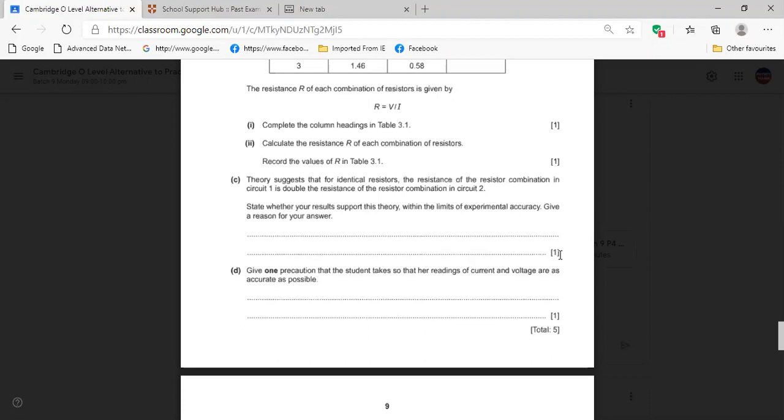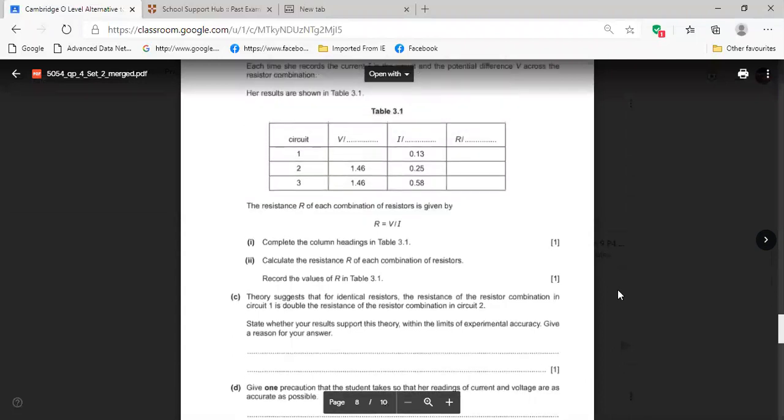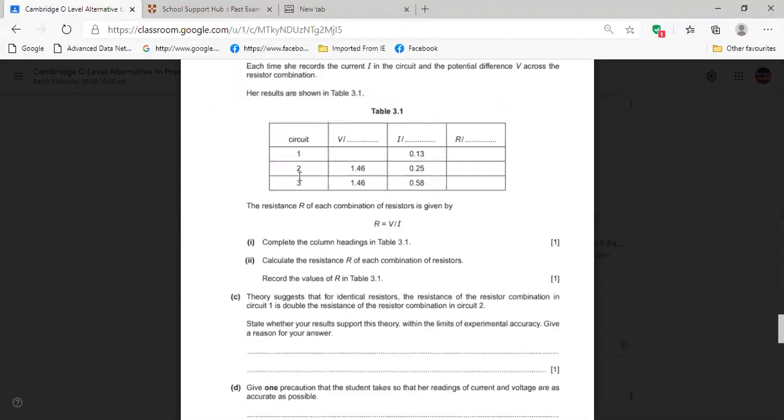Yes, I am repeating. Look, while we are taking readings, we are taking three readings, right? Circuit 1, circuit 2, circuit 3. So while you are taking readings, if you keep the circuit always connected, then what will happen?